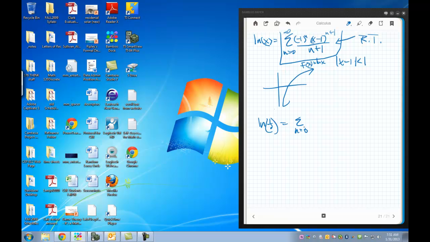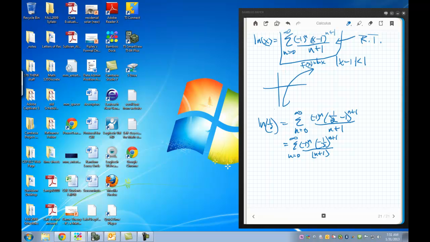This becomes a sum as n goes from 0 to infinity of (-1) to the n times (1/2 minus 1) to the n plus 1 divided by n plus 1. I have a new series. This turns into the sum of (-1) to the n times (-1/2) to the n plus 1, all divided by n plus 1.